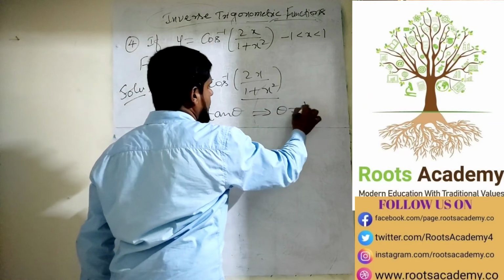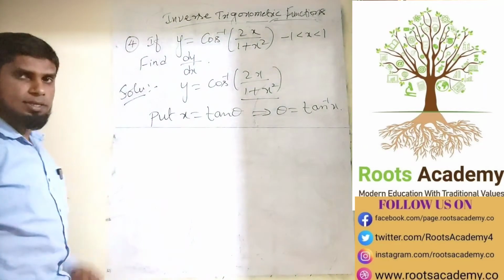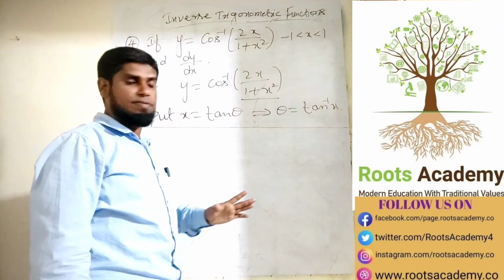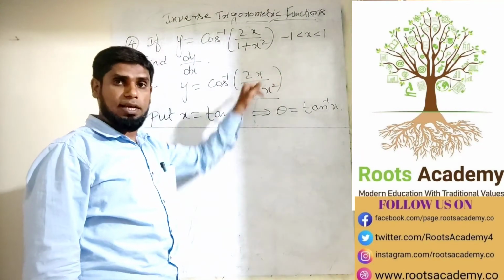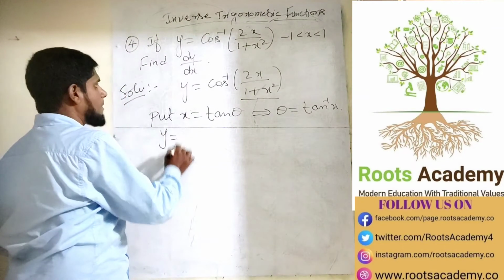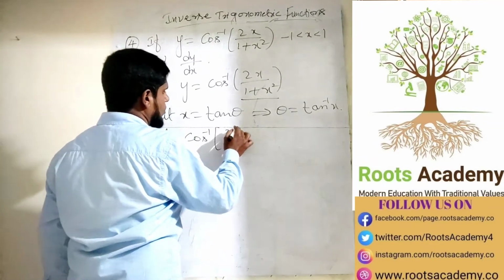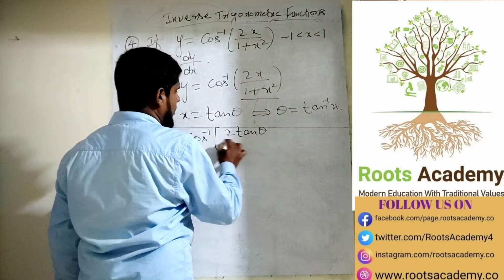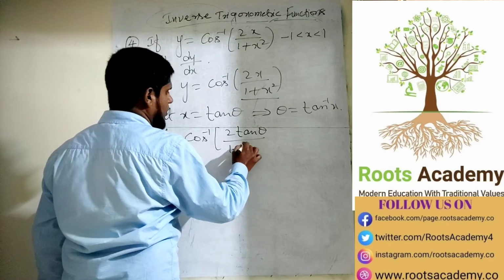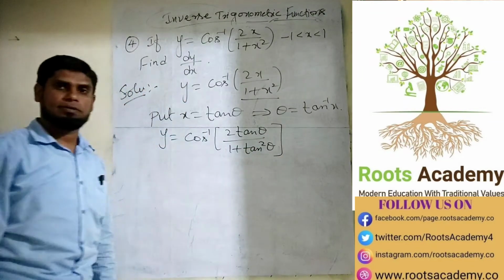This theta is tan inverse x. Will I get a direct formula if I substitute x as tan theta? Yes, I will get a direct formula. So let us see what that formula is. y is equal to cos inverse of 2 tan theta divided by (1 plus tan square theta).